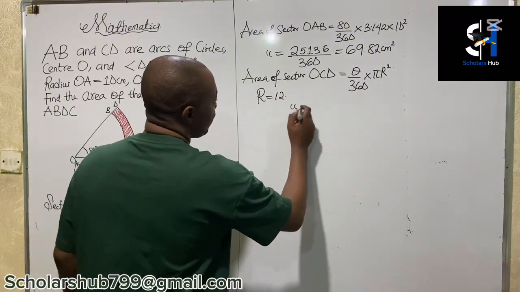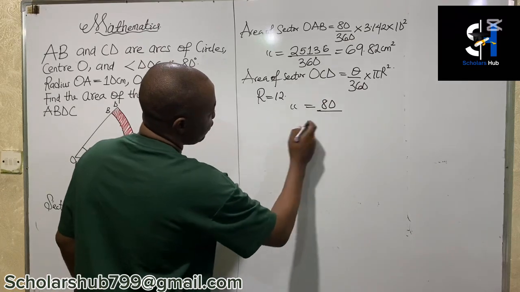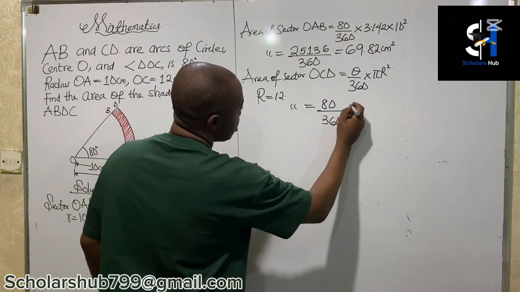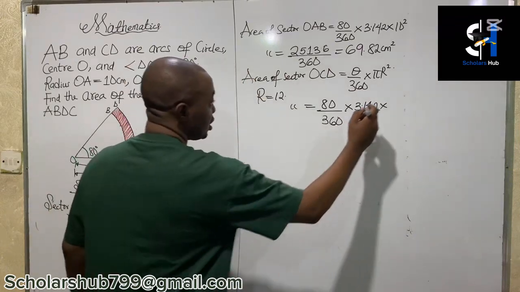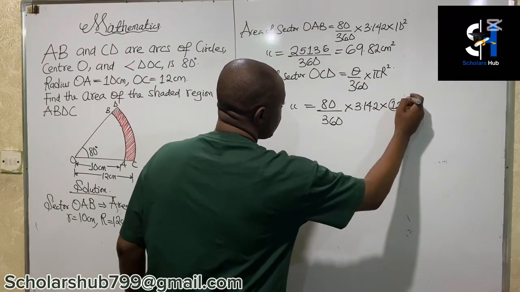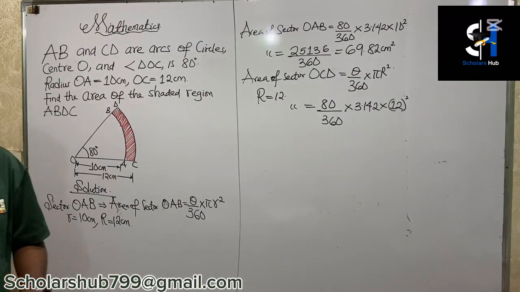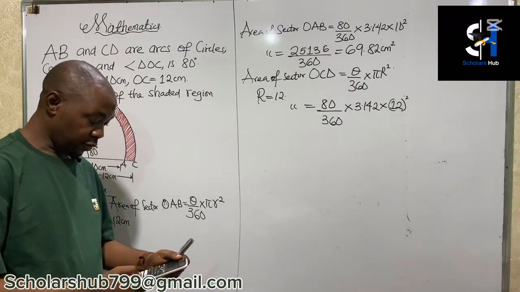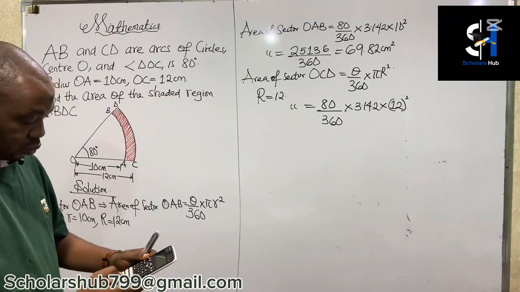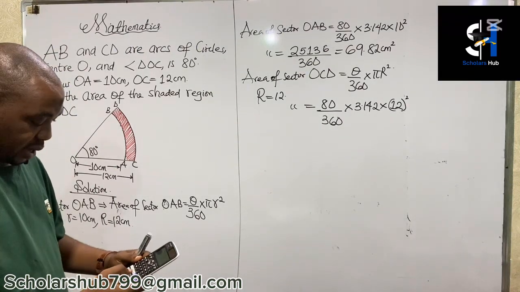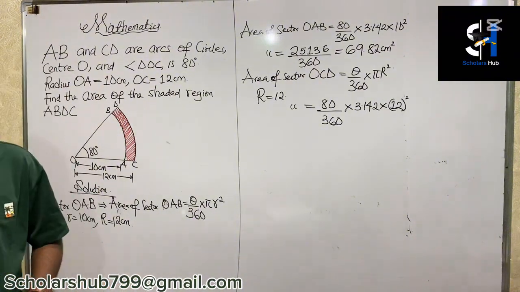So the area is 80 divided by 360, multiplied by 3.142, multiplied by 12 squared. 12 squared is 144, and 144 multiplied by 3.142 and by 80 gives 36,195.84.